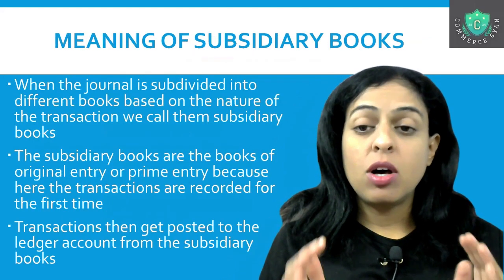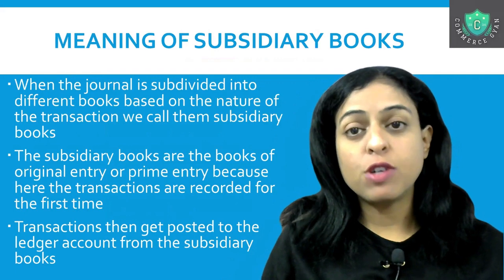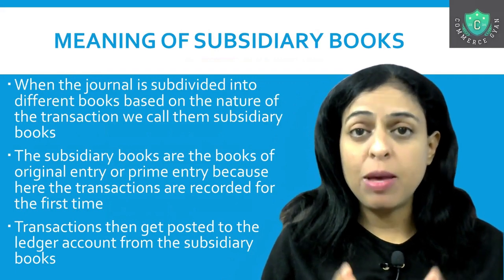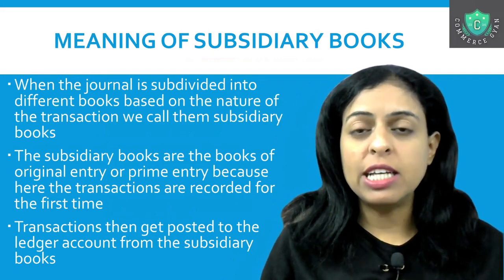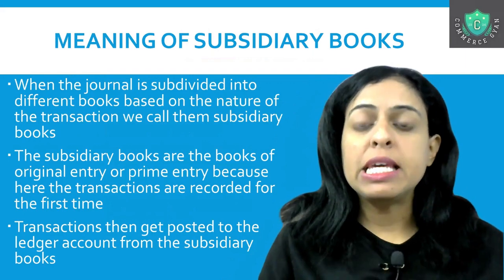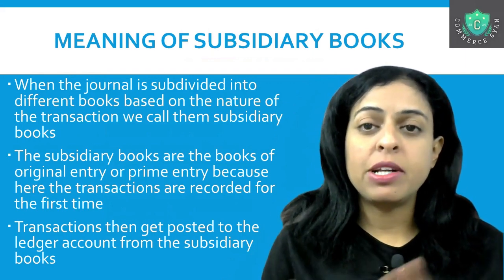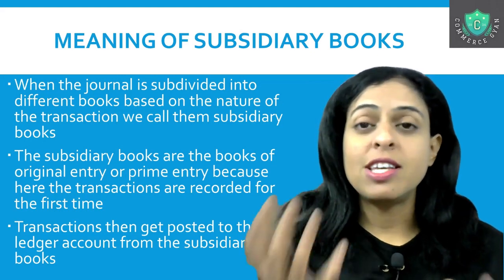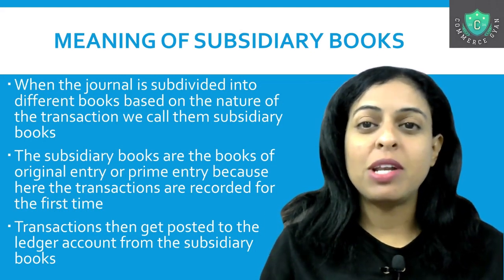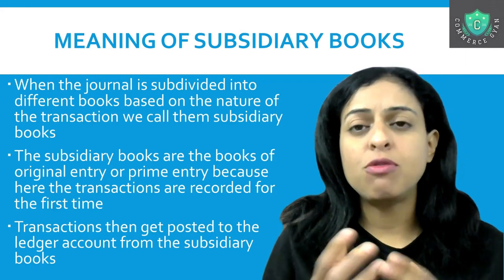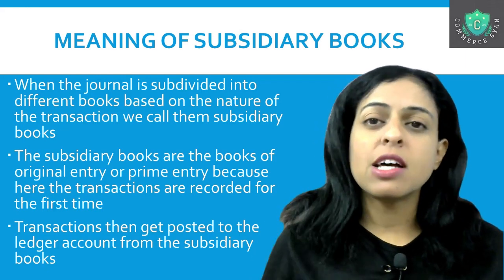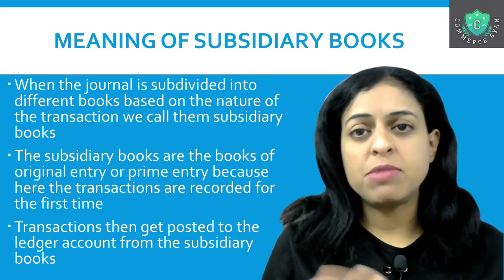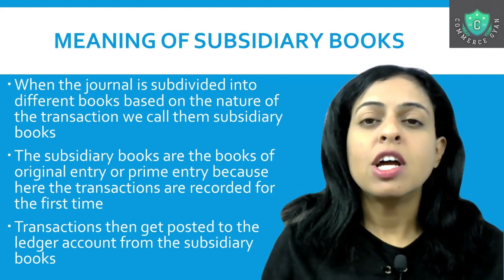So what are these subsidiary books? This is the first thing we need to understand. If you remember when we were writing the journal entries, we used to keep writing cash account debit, cash account credit, then sales account debit, sales account credit, purchase account debit, and so on. If you are writing a journal, a sales account would probably appear 5 times, 6 times in the same journal.